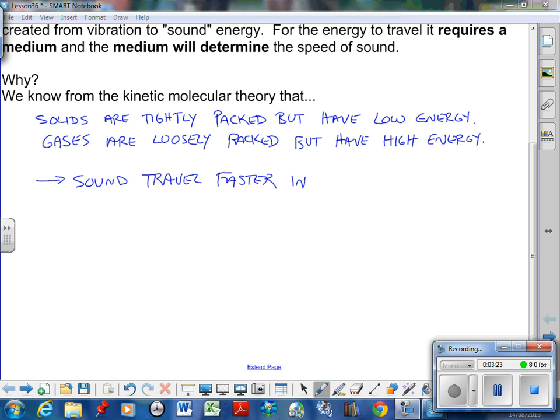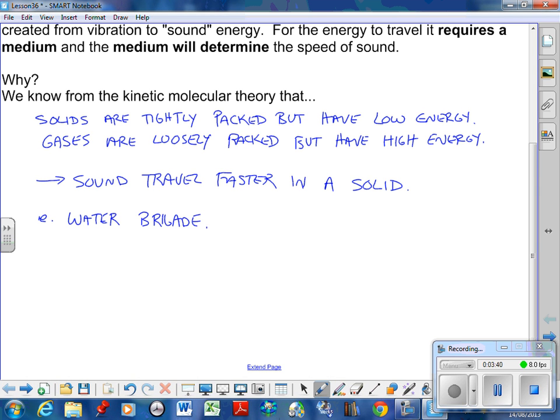Sorry, sound travels faster in a solid. That's because in order to do the energy transfer, think of it this way: the bucket transfer, or the water brigade. Who's going to get the water quicker to the fire?